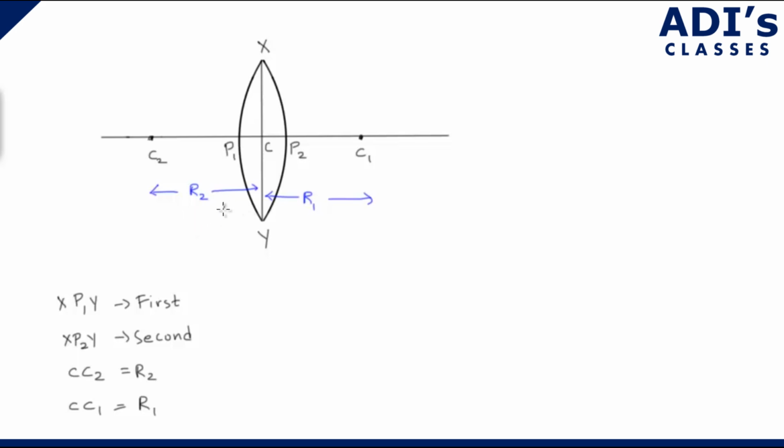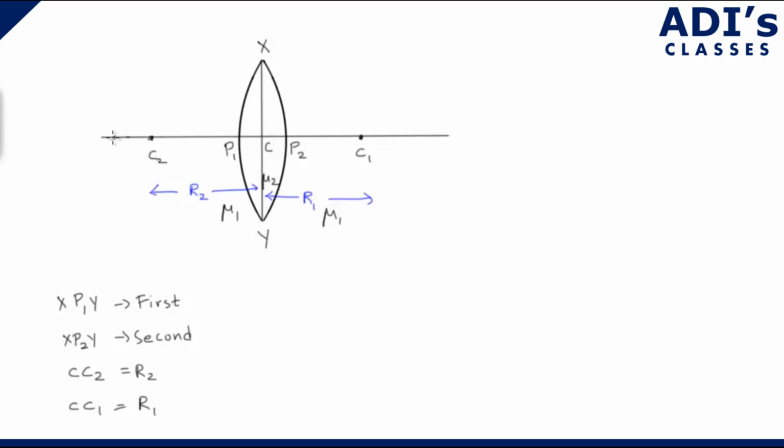We'll assume the medium is mu1, so even this side will be mu1, and the lens will be mu2. So we have mu1 and mu2 as the refractive indices of the two media present here.